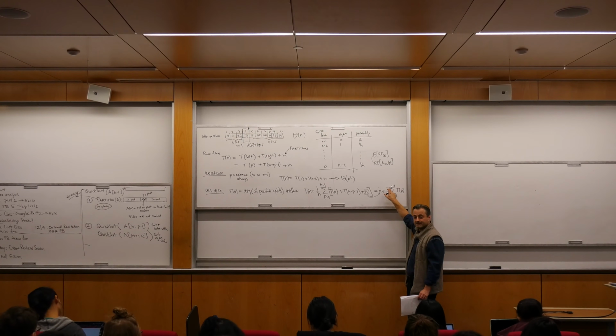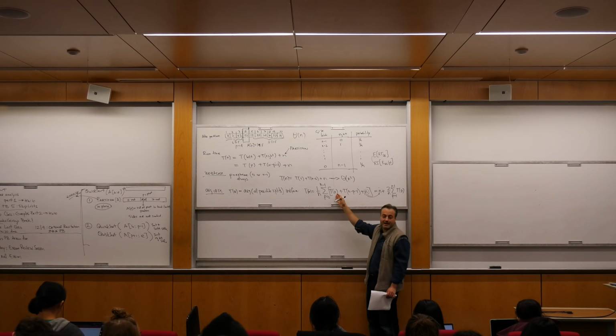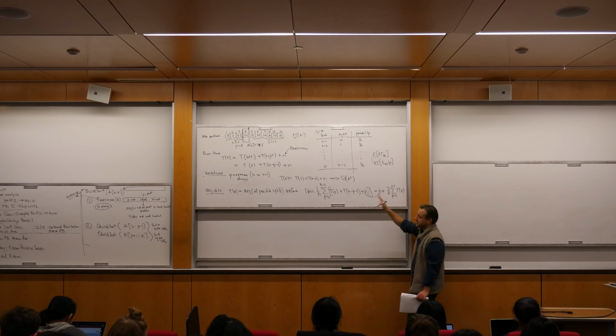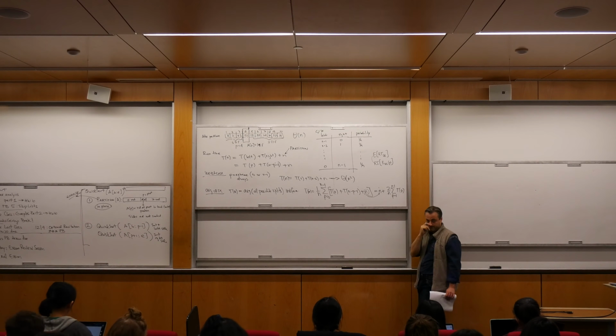Yes. The T of p and T of n minus p minus 1 are sort of symmetric. Right. Every T of 3 has been counted twice. One was counted for 3, a T of 3 plus something, and the second time when I got to n minus 4 or n minus 3, there was a T of p on the other side, T of 3. So every T of p was being counted on the left and on the right. That's why there's a 2 for each one of them. Good.